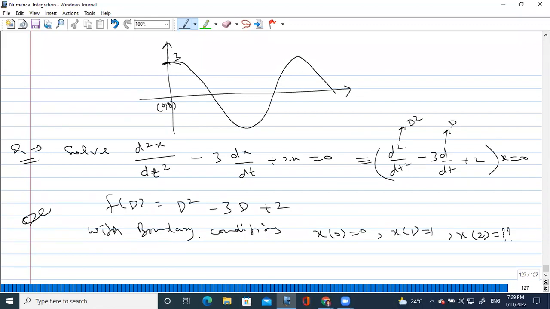It means you have to find out x first. Then in that you can apply these boundary conditions, with that you will get the constants, and in that you can put t equal to 2. Then what is the value of x? Okay, so note it down first quickly.